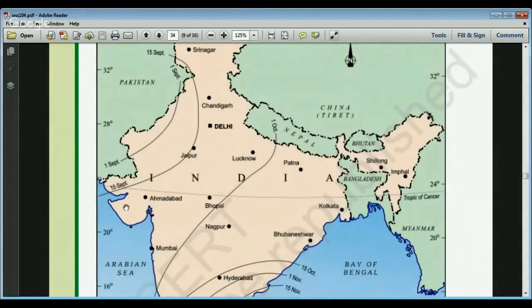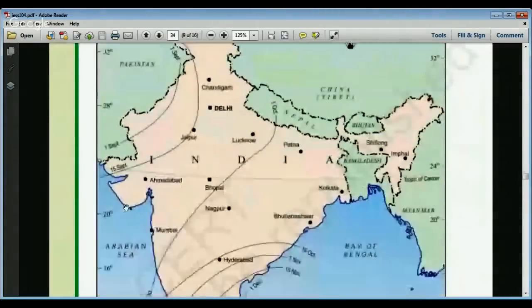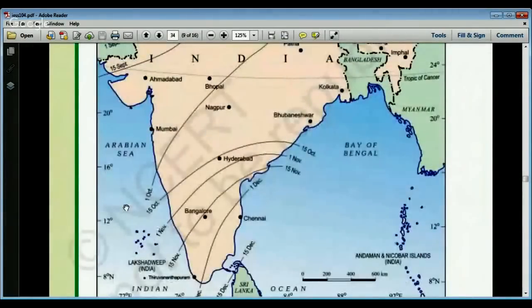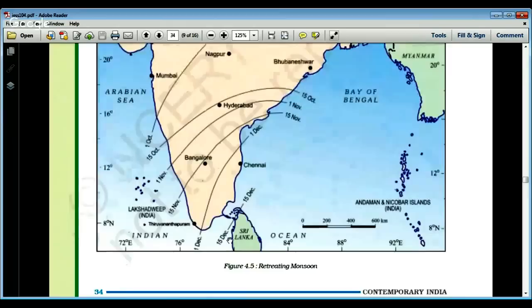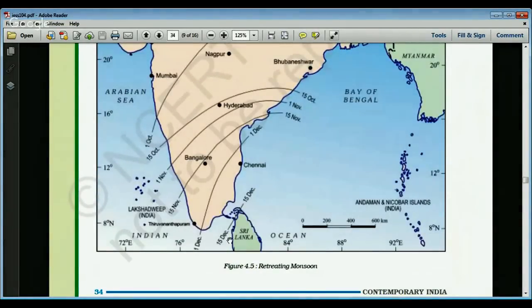Then October, and then on the 15th October, then 1 November, then 15 November, and then December. At the end of December, the rainfall completely vanishes from the Indian continent.